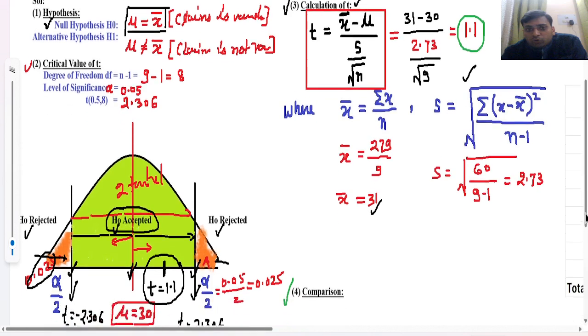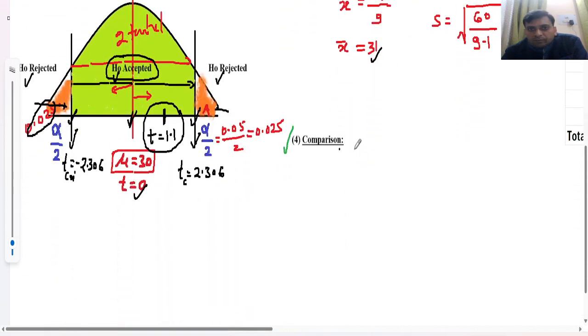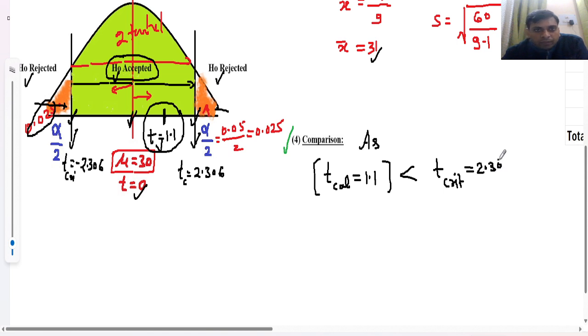So the conclusion or comparison is: t calculated value, which is 1.1, is lesser than the t critical value, which is 2.306.